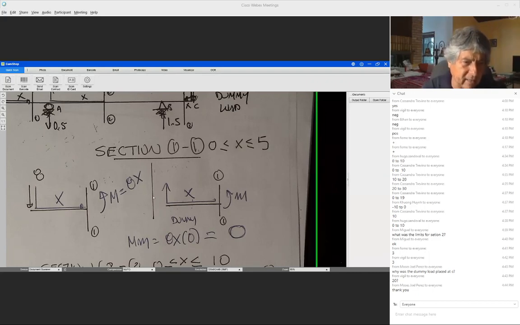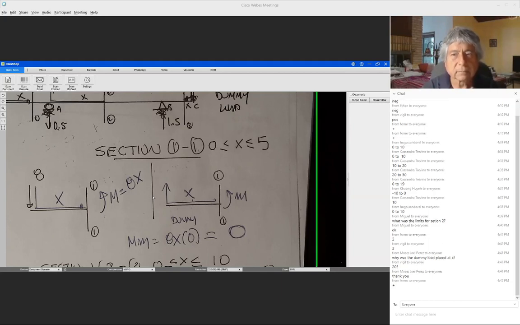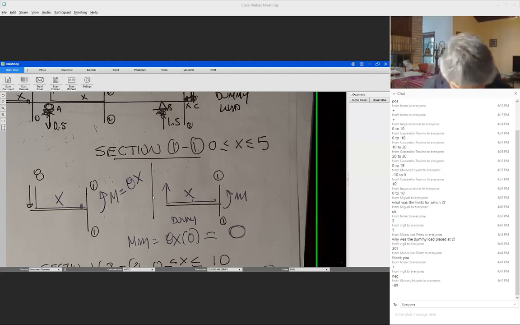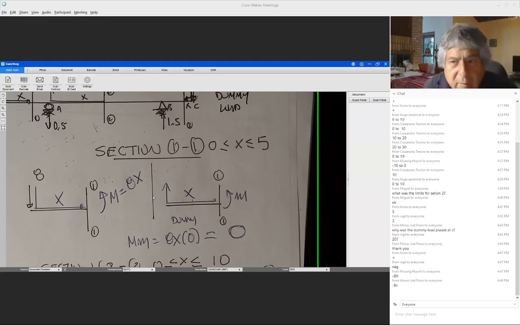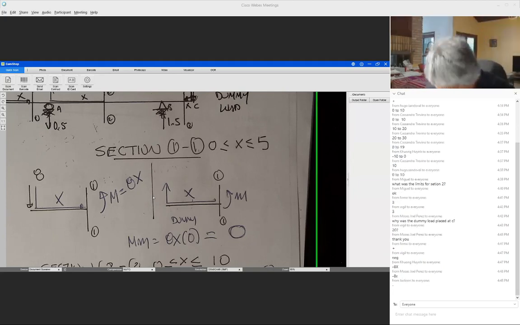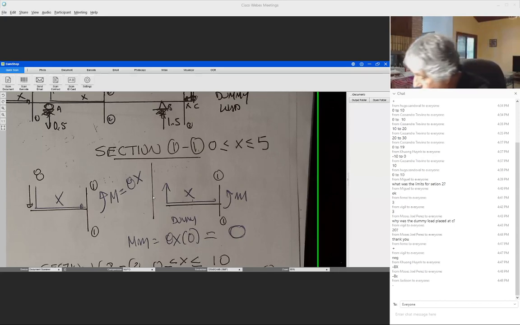What is the sign? M is equal to positive AX, or it's going to be negative AX? Look, AX plus M equal to 0. So M is going to be equal to negative. So here, I have to put a negative value.